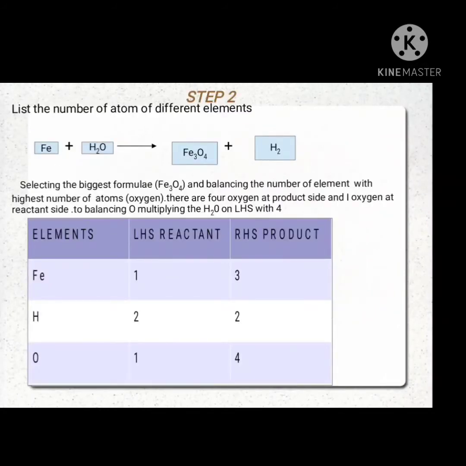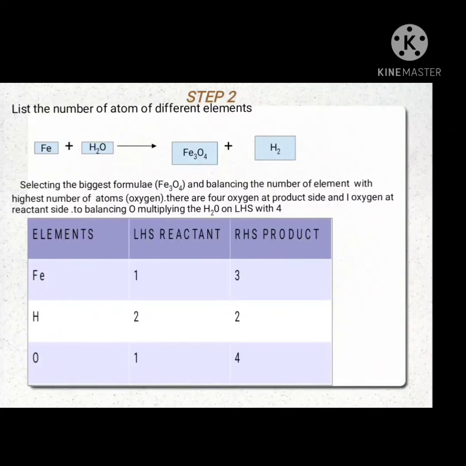In the next step, we are going to list the number of atoms of different elements. How many elements are present in this equation? There are 3 elements. What are they?